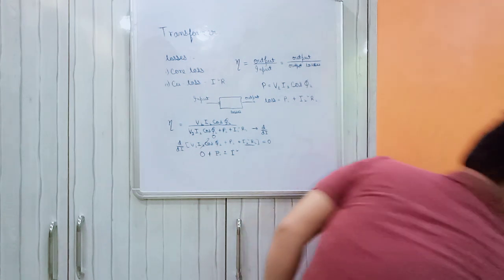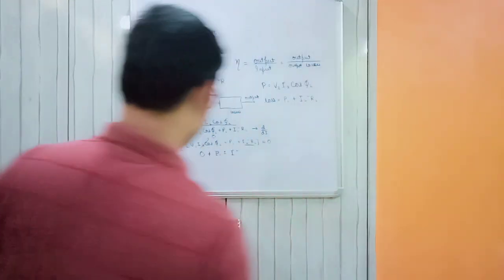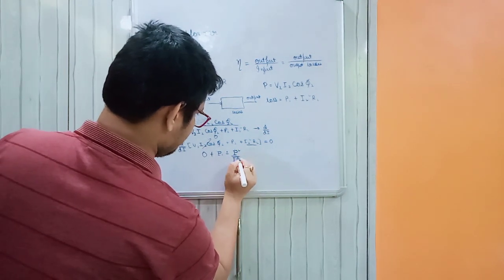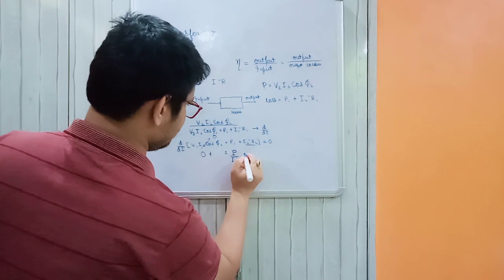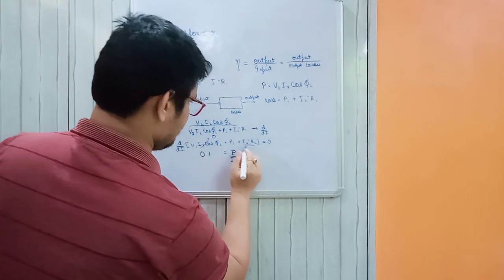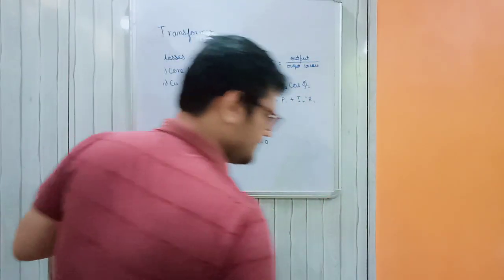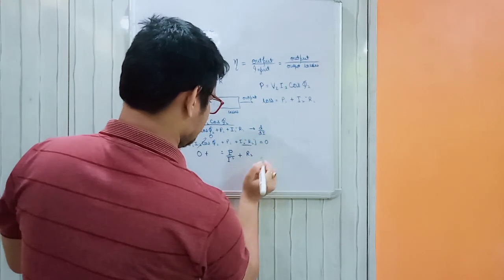I'll just check the equation. What is coming over here is P by I square, minus Pi, plus R2.